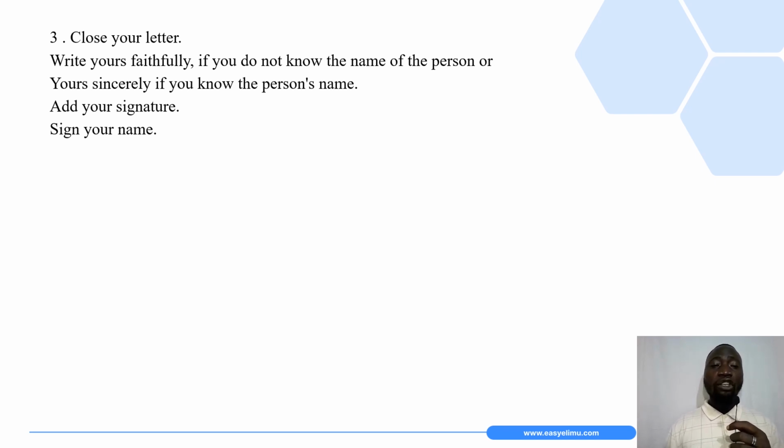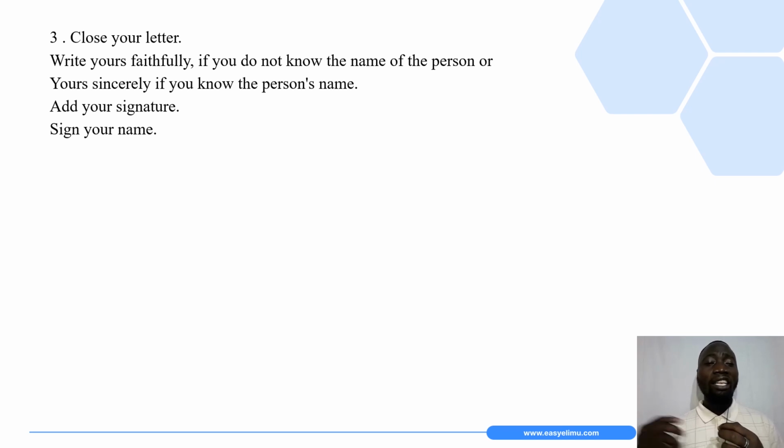But if you know the person's name, then you are advised to use yours sincerely. So yours faithfully is a closing remark that is used when you do not know the person you're addressing, that is the addressee. But yours sincerely is a closing remark that is used when you are addressing the person whose name you know, his name or her name.